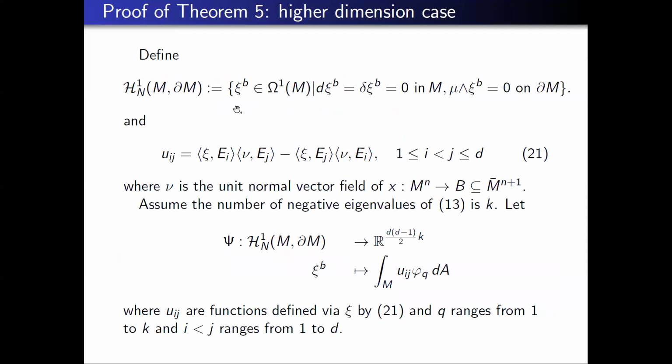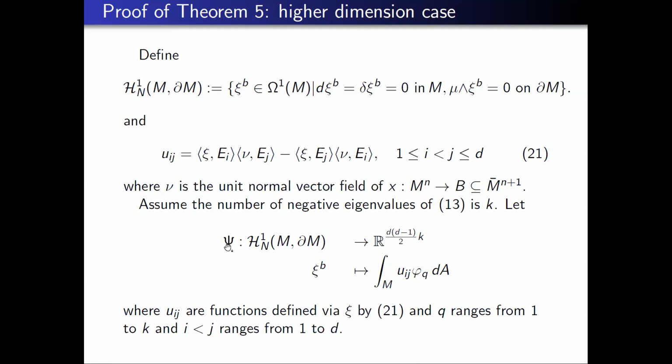Now we give the proof of theorem 5. Here is the higher dimensional case, and we define H^1_N in this way, and u_ij in this way. Here, mu is a unit normal vector field of X from M to B, and we assume the number of negative eigenvalues of (13) is k.